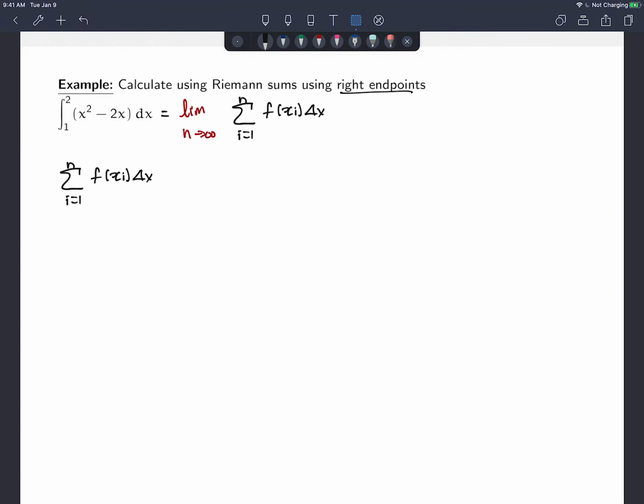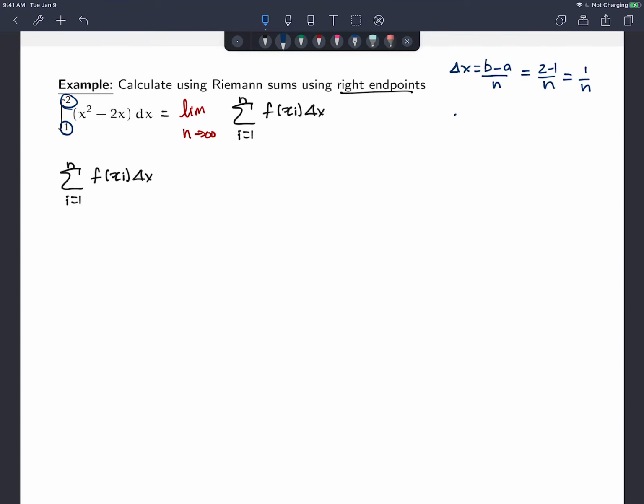Now we need to remember what delta x is. Delta x is the width of the base of my rectangle, so delta x is going to be b minus a divided by n. In this case, b and a are the limits of the integral you're taking, so it's just 2 minus 1 divided by n, so really it's just 1 over n.